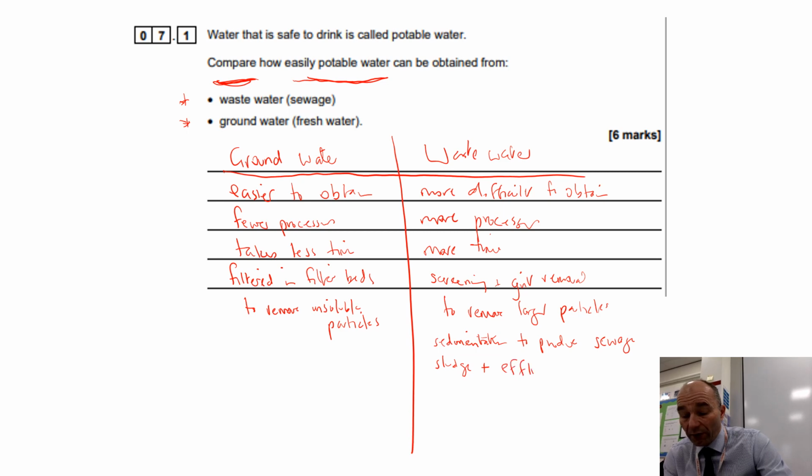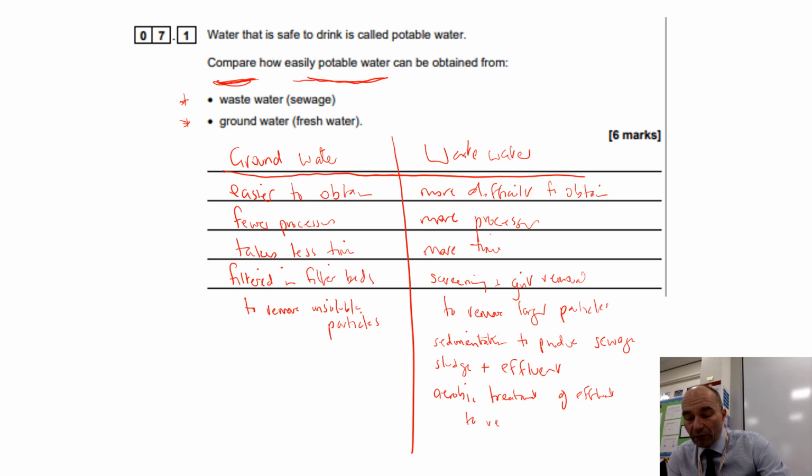So that's again waste material. You really don't want that in your drinking water. And then you need to carry out aerobic treatment, and this is generally with bacteria, of the effluent.